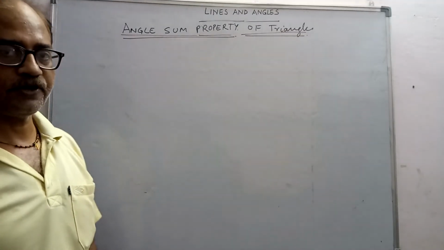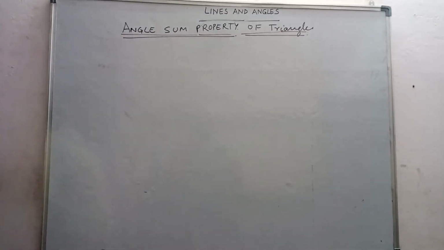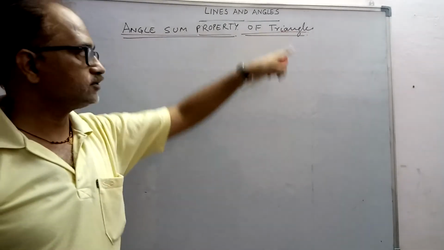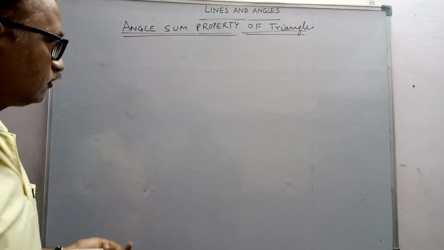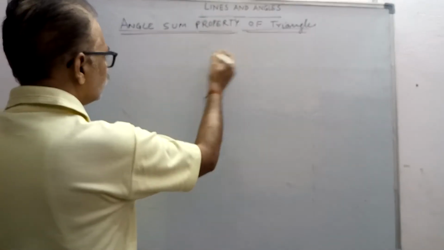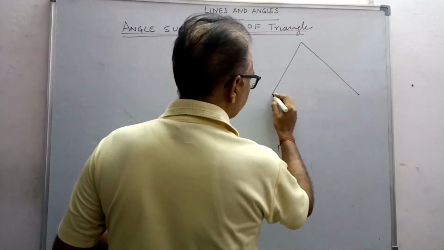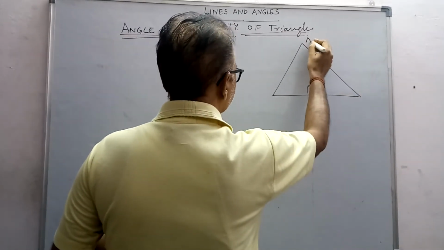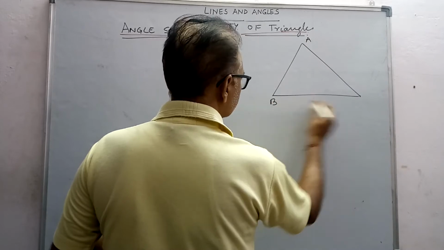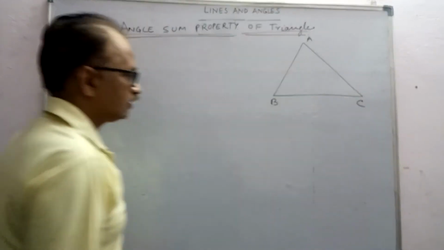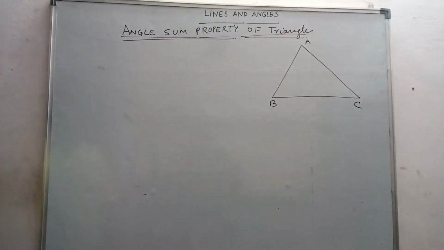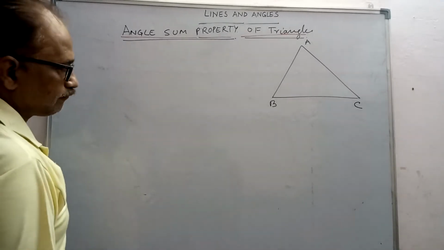Angle sum property of a triangle. The angle sum property of a triangle means that the sum of all the angles of a triangle is 180. To prove this, let us consider a triangle ABC. Here you have to prove that the sum of angles A plus B plus C is equal to 180.